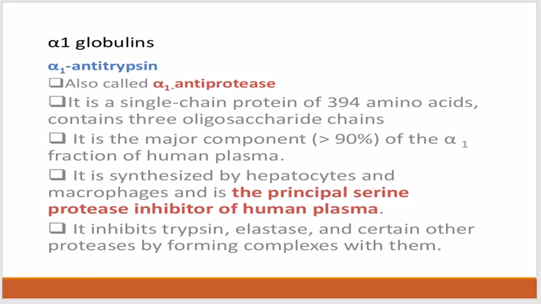It is the major component, more than 90% of the alpha 1 fraction of the human plasma. It is synthesized by hepatocytes and macrophages and is the principal serine protease inhibitor of the human plasma. It inhibits trypsin, elastase, and certain other proteases by forming a complex with them.